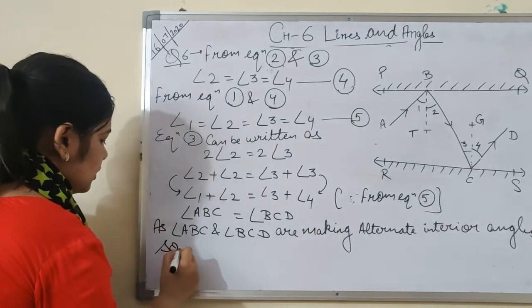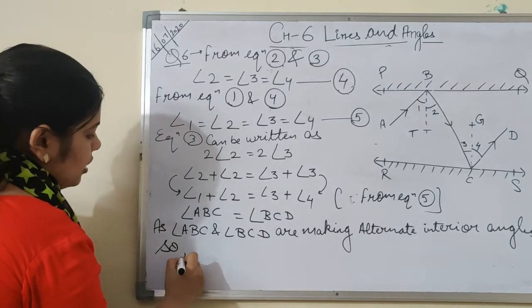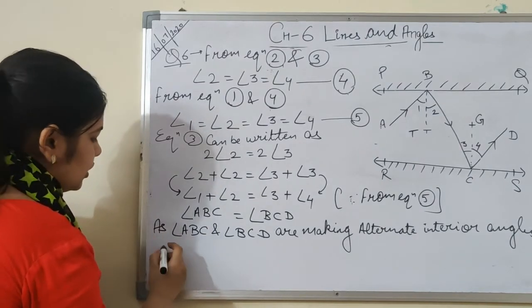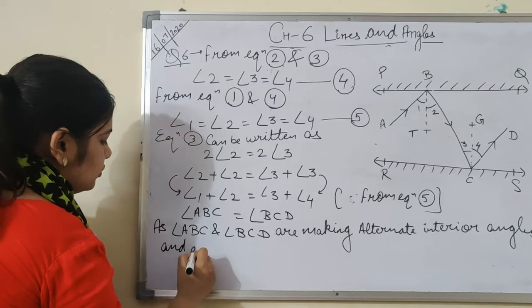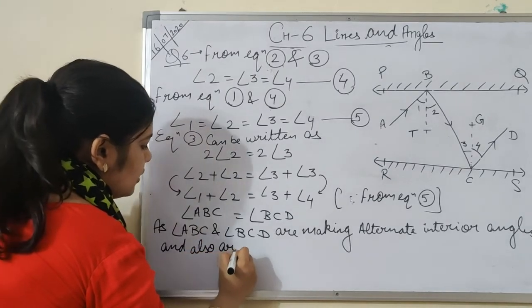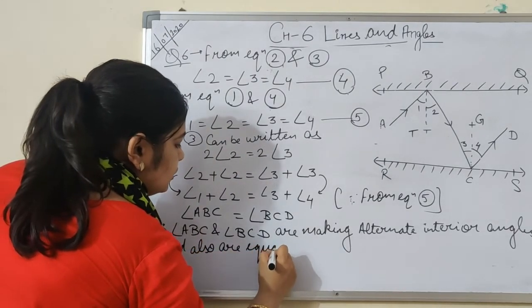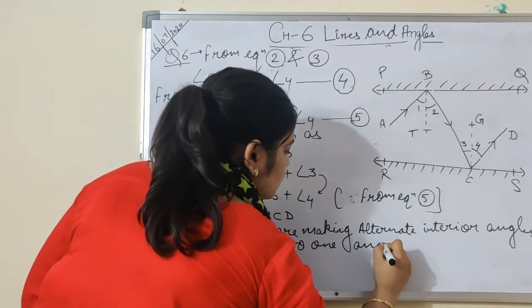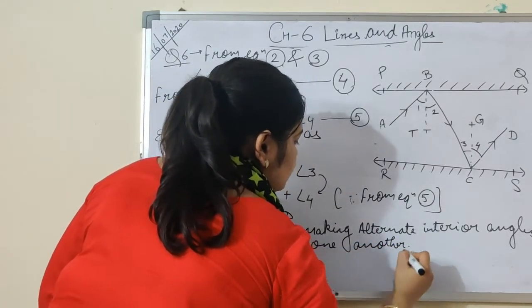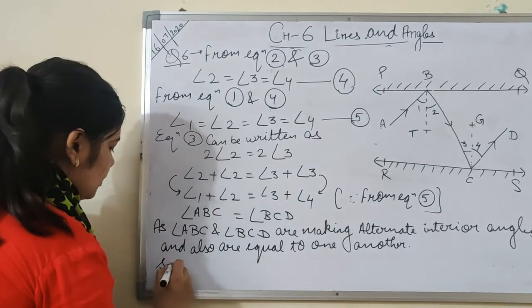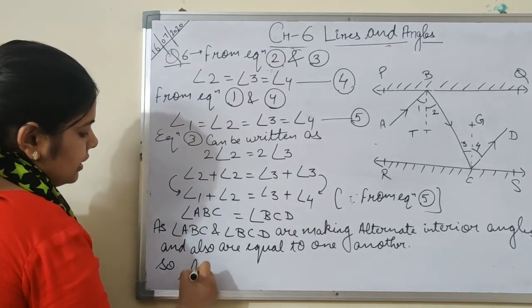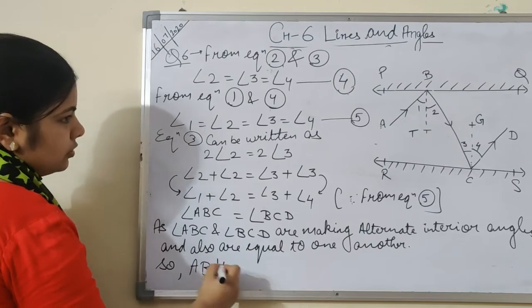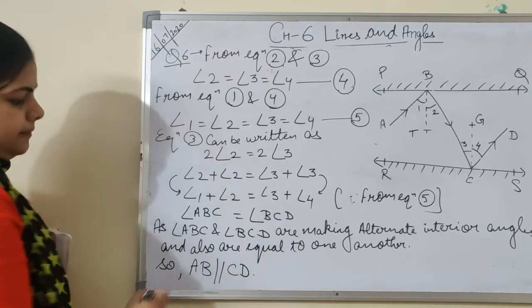So we can write that, okay, one more thing, and also are equal to one another. So, what we can say? That AB is parallel to CD.